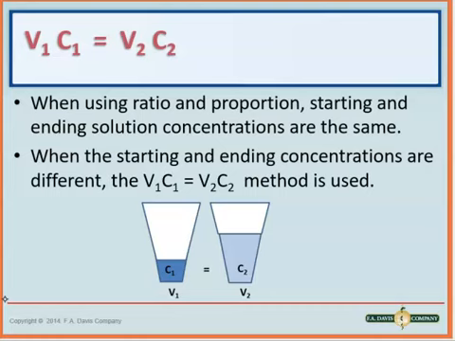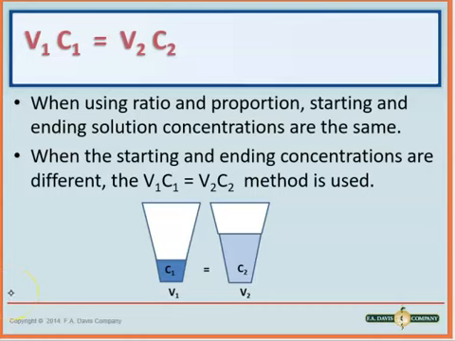And we use an equation or a formula to solve those type problems. And the formula that we use is V1 times C1 equals V2 times C2. So we're going to learn how to extract information from word problems and plug it into this formula in order to solve for an unknown.